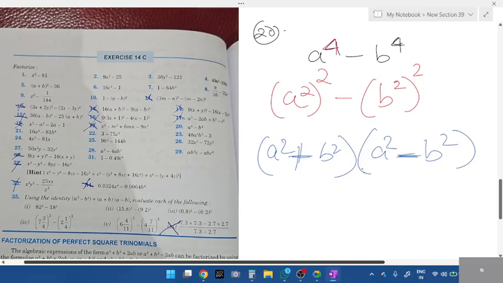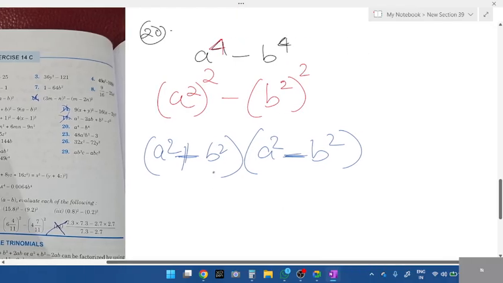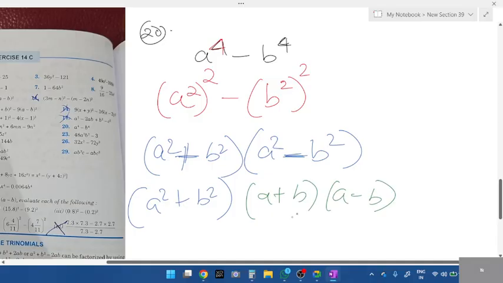The second one has a formula, right? So remember, think of this like a new question. a square plus b square: there is no such formula, keep it as it is. What is the a square minus b square formula? a plus b into a minus b. That is the final answer. See, this part is split into two times again.